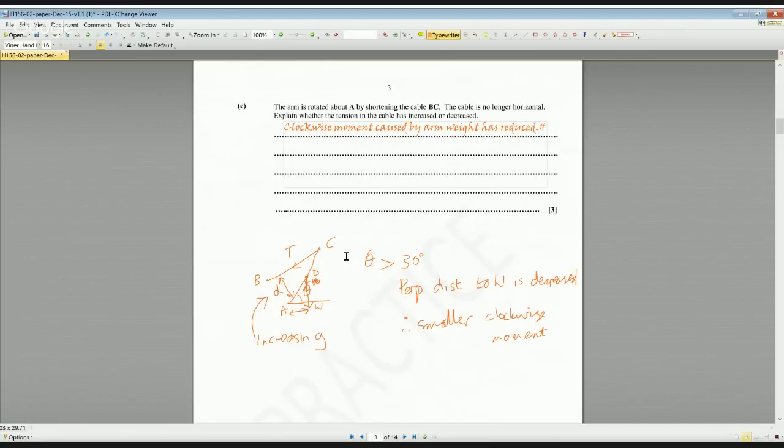So we can say that the perpendicular distance from A to the tension, that's along the line BC, has reduced.